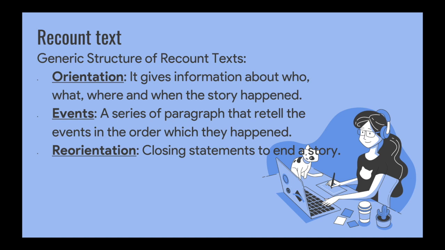And lastly is reorientation, the closing statements to end a story. It's either what happened at the end, and then maybe a summary of it, or even, if possible, a comment of what the writer feels or thinks about the particular event.